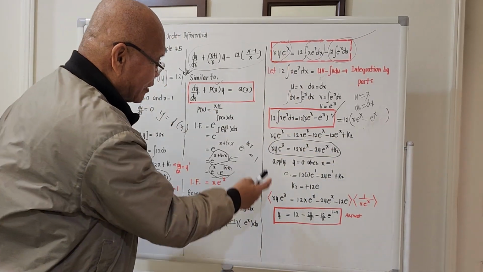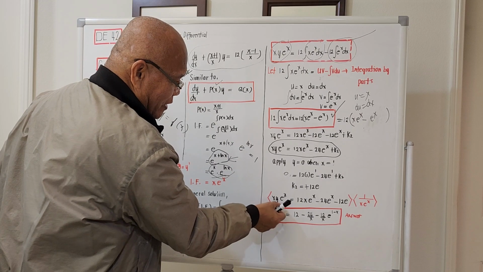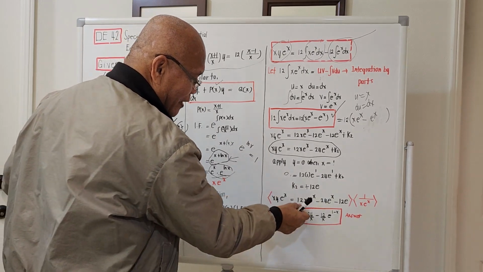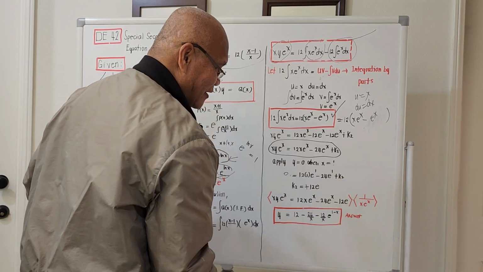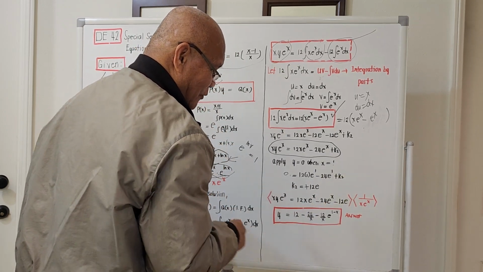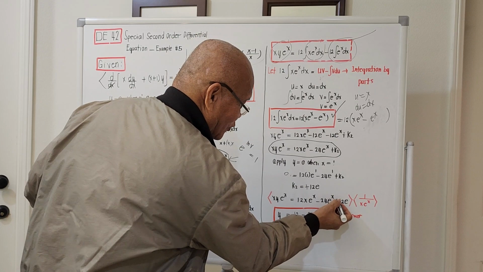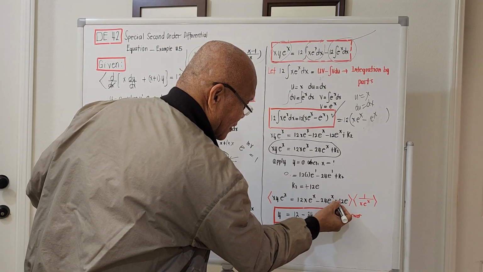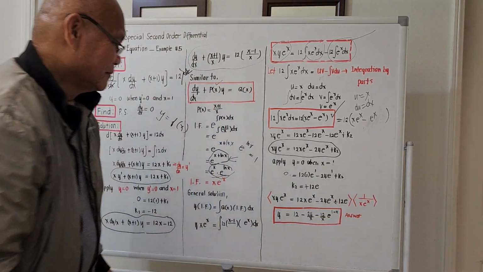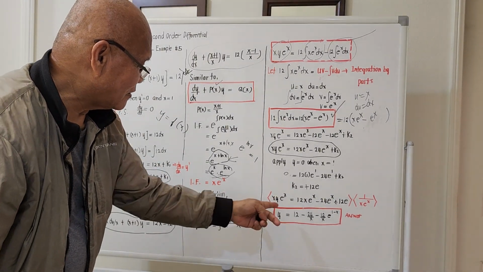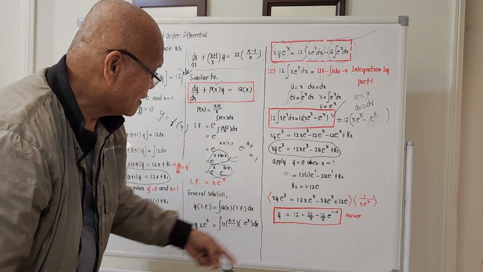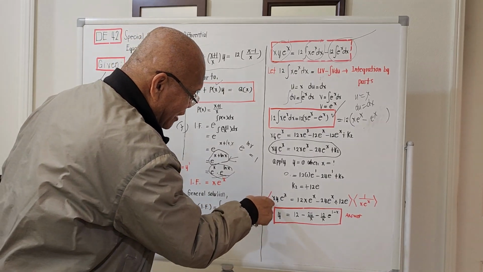So I will repeat this one, xy e to the x, 12x e to the x, minus 24 e to the x. Okay? What is k2? This is supposed to be plus 12. Okay? Then, if I will leave the left-hand side, the remaining term will only be y. I will try to remove this x e to the x.